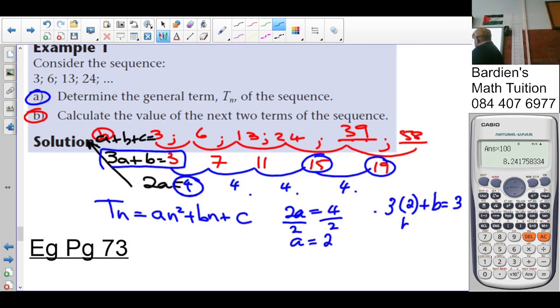So we will have b is equal to 3 minus 6, which is negative 3. So there is my a value, there is my b value.